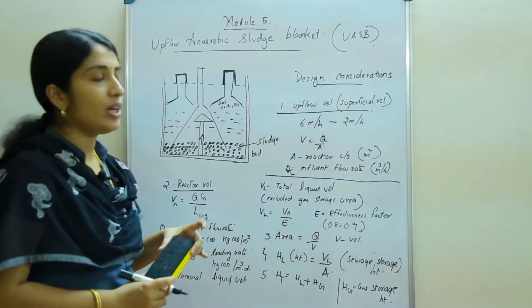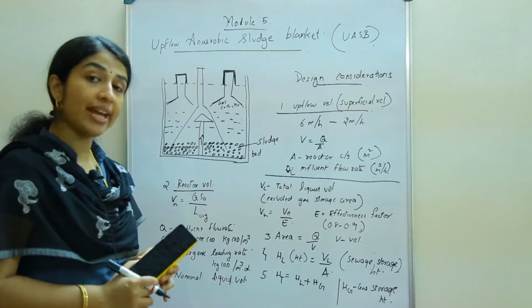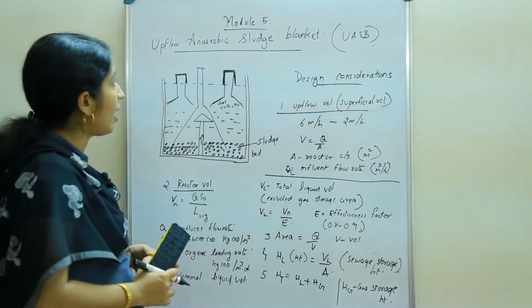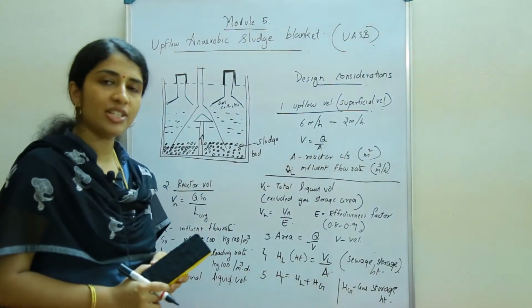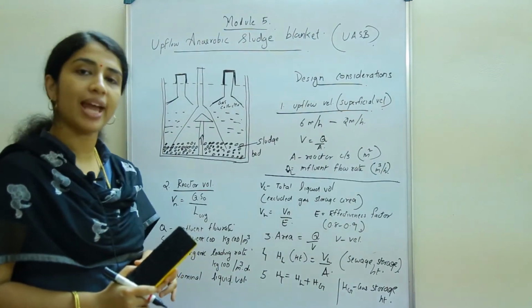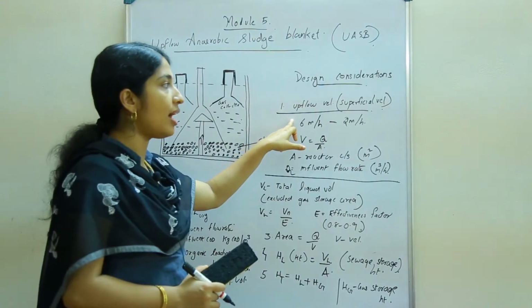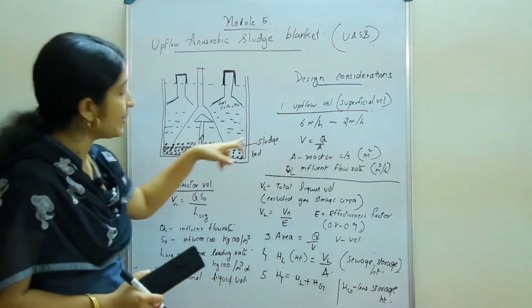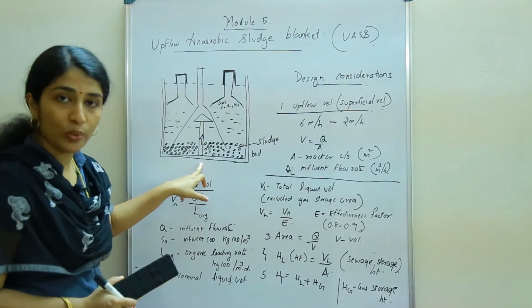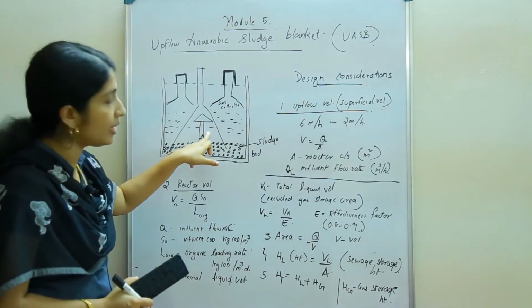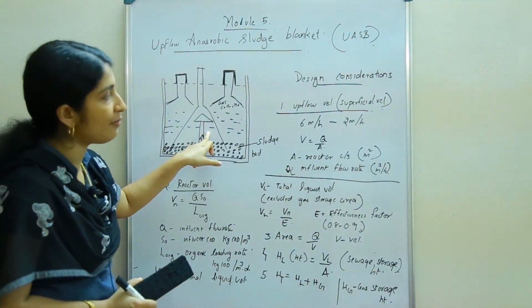Today we are going to discuss the design considerations of an upflow anaerobic sludge blanket, or UASB, reactor. The first design consideration is the upflow velocity, the velocity at which the sewage is fed into the reactor.